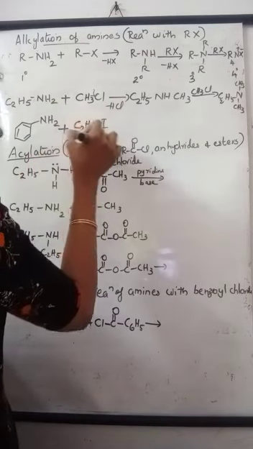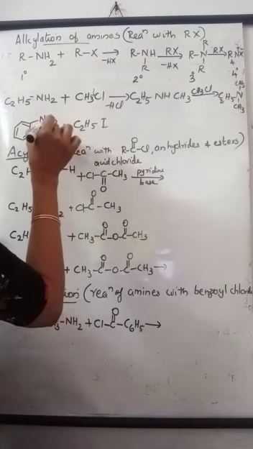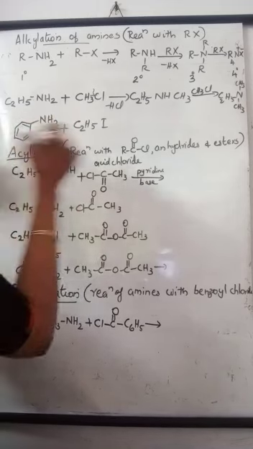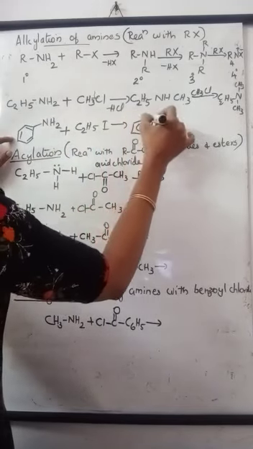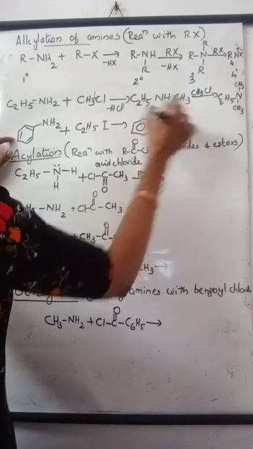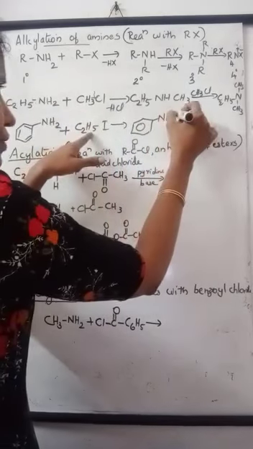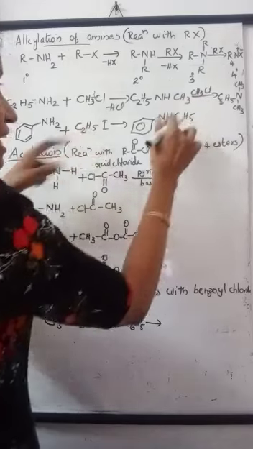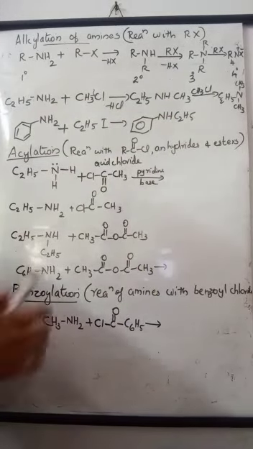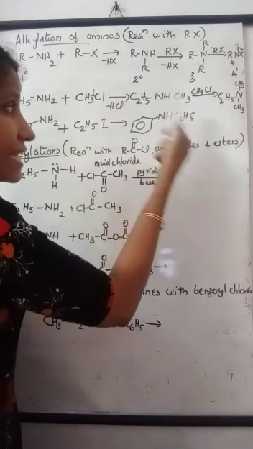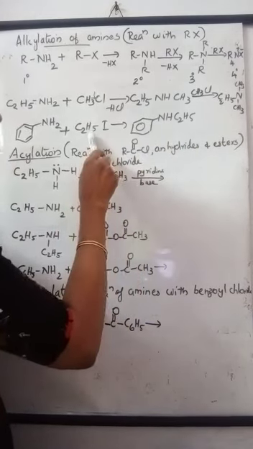The C2H5 group will replace the hydrogen atom of aniline and we get the compound NH, where one hydrogen atom of aniline is replaced by C2H5 group. N-ethylaniline, secondary amine. Similarly, if you want to prepare N,N-diethylaniline, we need to use one more ethyl iodide.